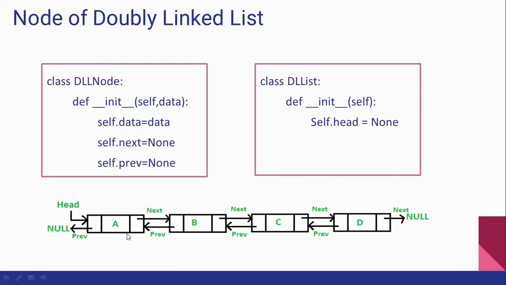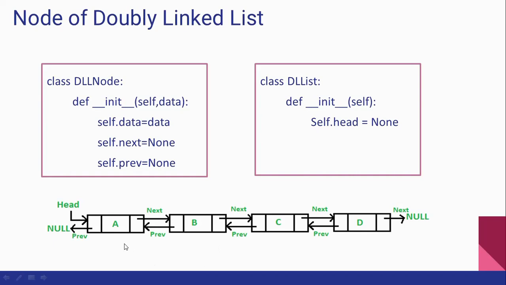So each and every node, as per the concept of the linked list, must have two components. One is data, another one is the pointer which points to the next node. So in a doubly linked list, we are having one additional link. That link is denoted here as prev. This denotes the link for pointing to the previous node of the current node.